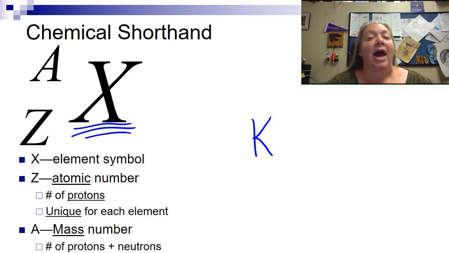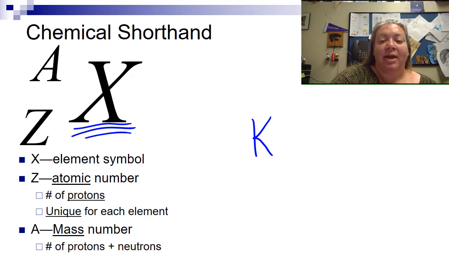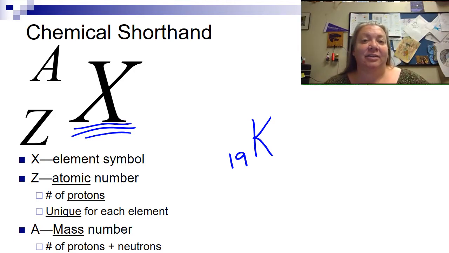Now, every atom of potassium has the same number of protons. It has to. And that number is the atomic number, the number written on the bottom. For potassium, that's 19. And then you might say, wait a second, potassium on my periodic table has the 19 written on top rather than bottom.